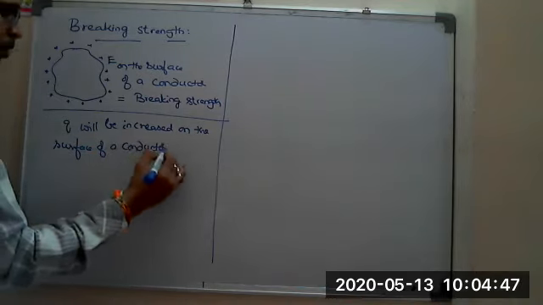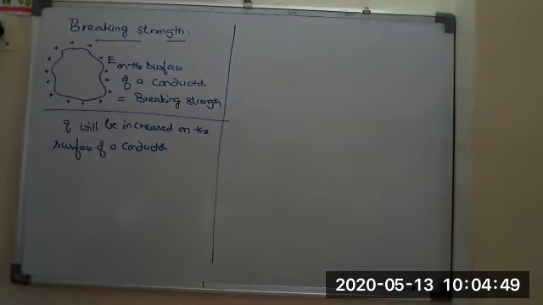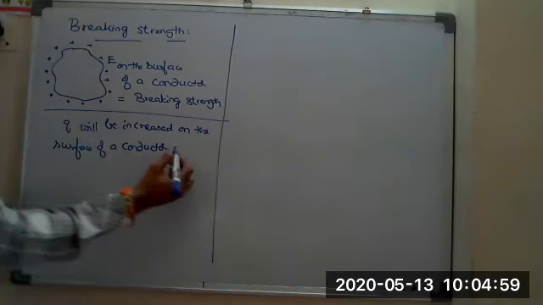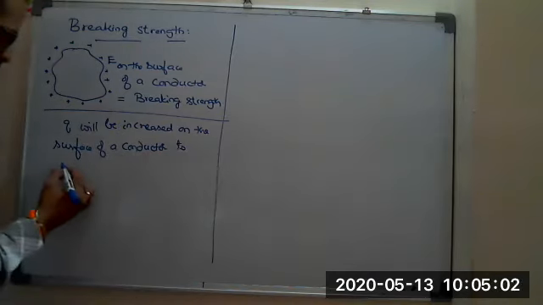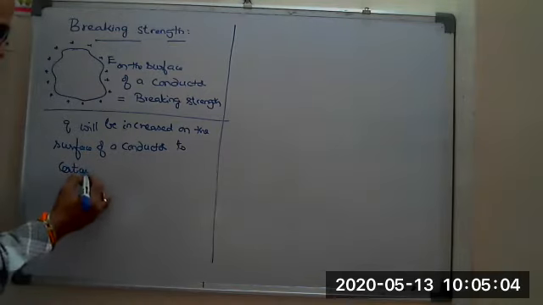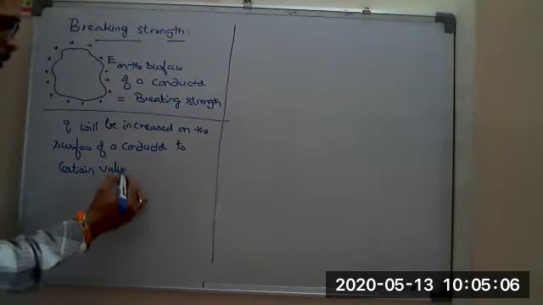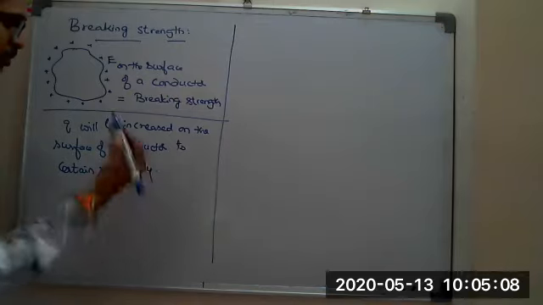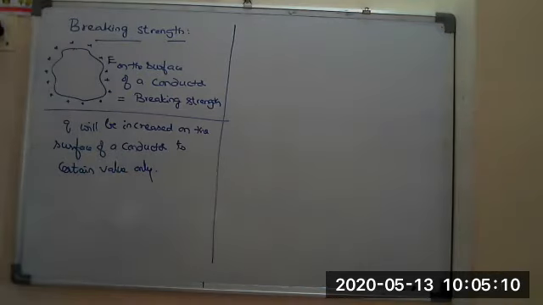Why? Because we are taking conductors now. For conductors, the charge resides only on the surface; it won't enter inside. So the charge will be increased on the surface of a conductor to a certain value only, to some maximum value.